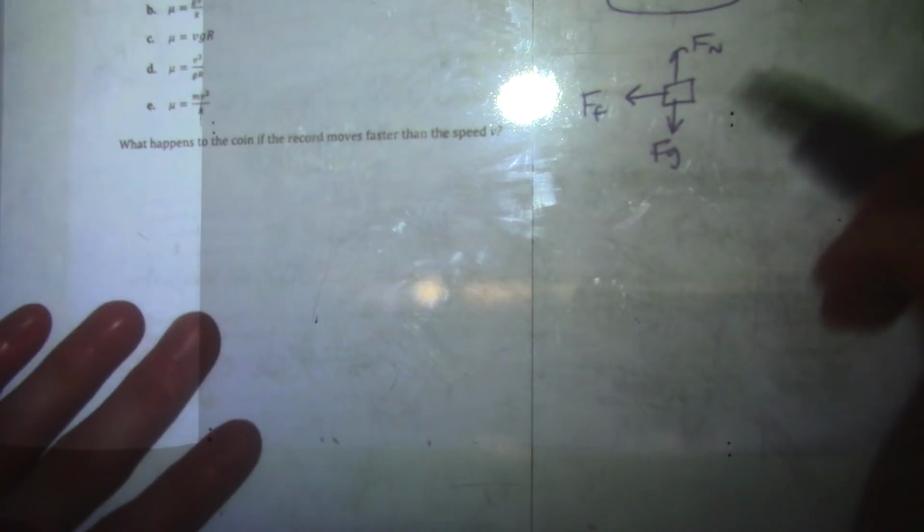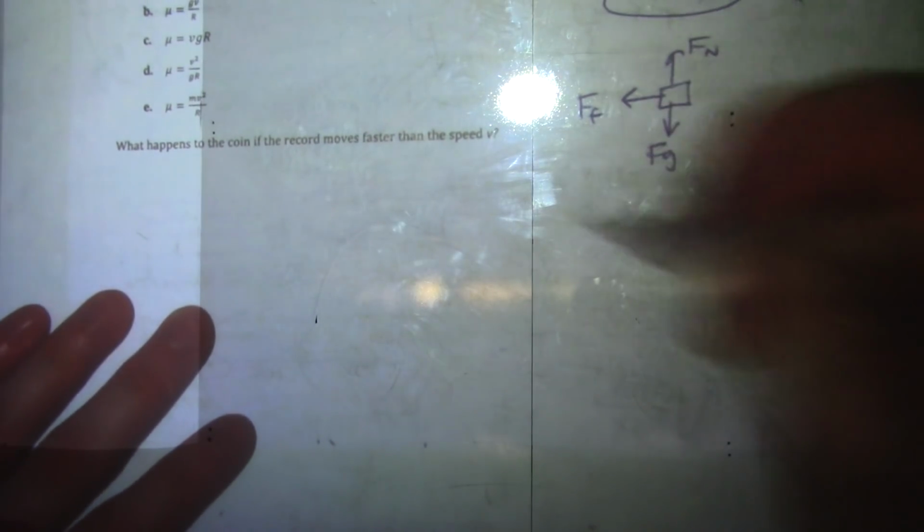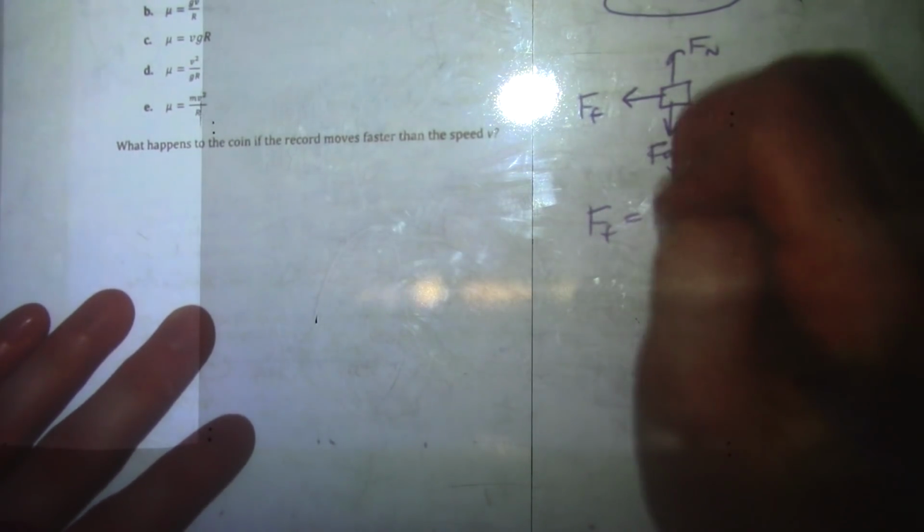Draw your free body diagram. We've got Fg, and we've got normal force because it's sitting on this stereo record, not falling down. And then the force that is keeping it going in the circle is the friction force, holding it stuck to the plate, kind of. Then the force that is serving as your centripetal force is the friction force.